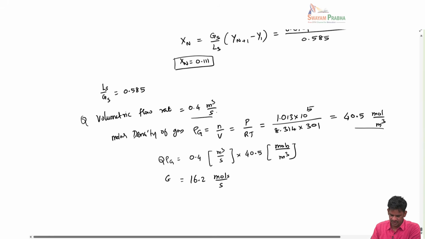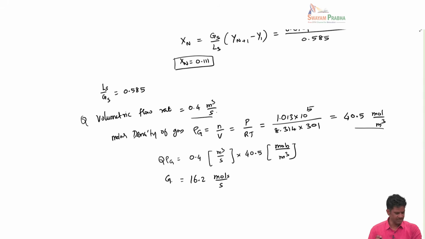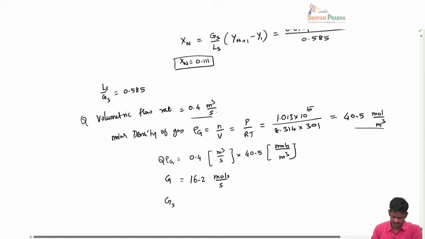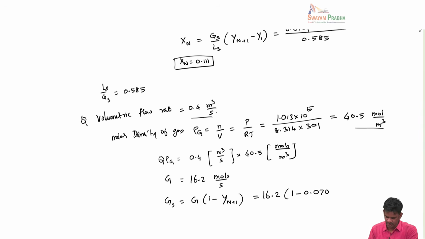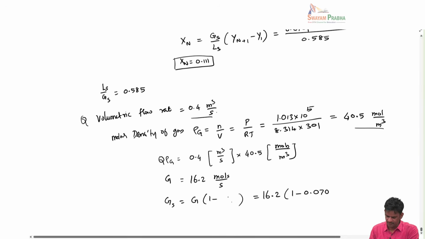So this is G, but what we want is GS. So GS is G times 1 minus yn plus 1. So I'll get 16.2 times 1 minus 0.070. Sorry, this is supposed to be a mole fraction y.